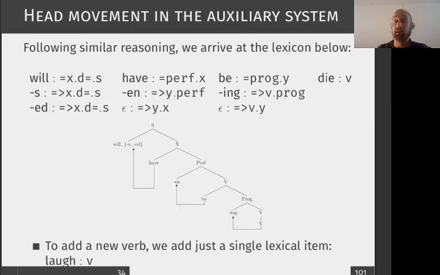Here we have say an equals V feature. That is a head moving feature. It's a head moving equals V feature. So head movement is a reflex of some merge steps, and it's a reflex of those merge steps which are triggered by head moving merge features.